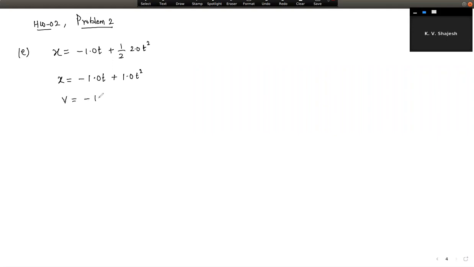Velocity is minus 1.0 plus 2.0 t, and acceleration is plus 2.0 meters per second squared. Before we plot, let's also point out that at time t equal to 0, position is 0. Velocity at time t equal to 0 is minus 1.0 meters per second. And acceleration at time t equal to 0, which remains a constant anyway all through, is 2.0 meters per second squared.